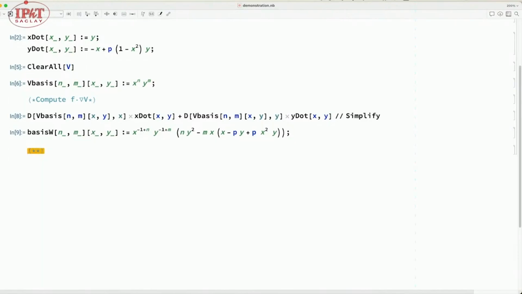And now what we want to bound are objects of the following form. We'll look at some quantity phi and take some linear combination of these basis vectors in such a way that the left-hand side is positive.